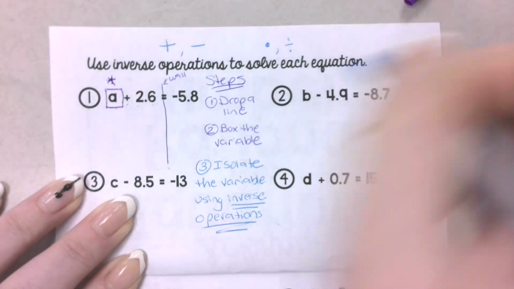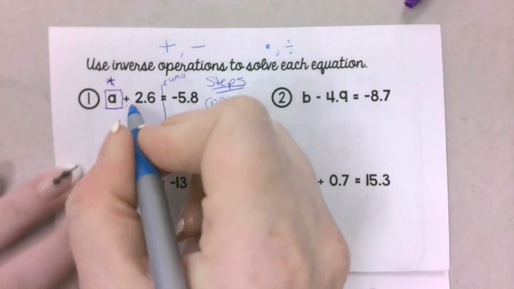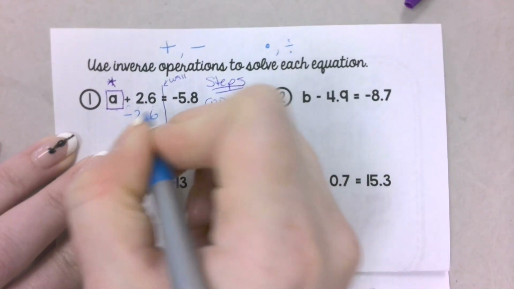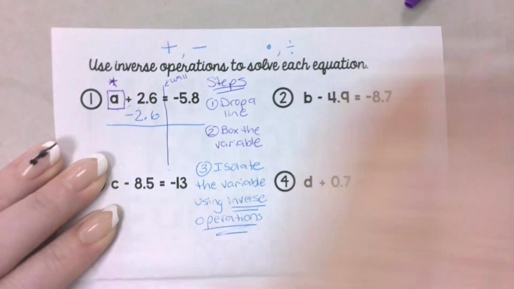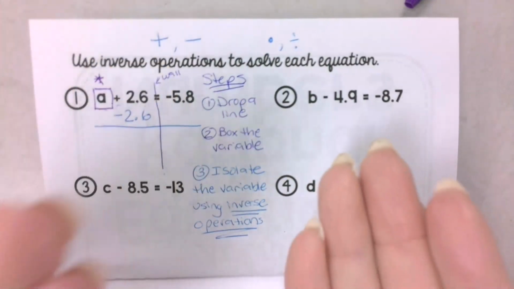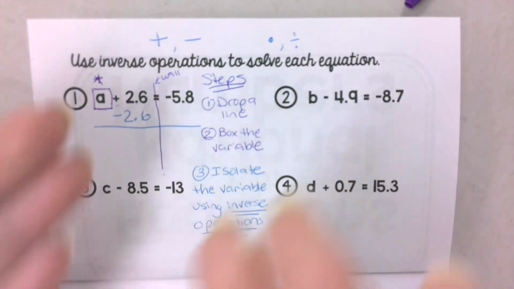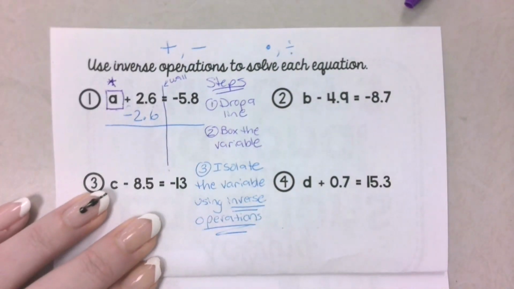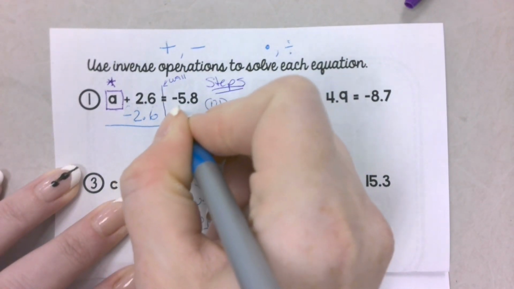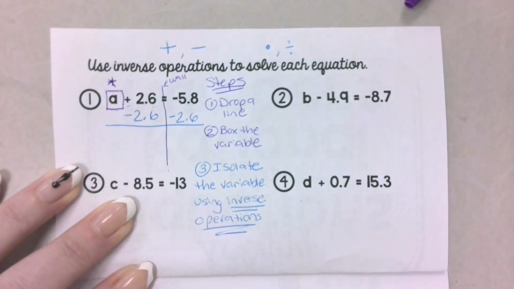Well, divide, but we'll get there later. So if I need to undo a plus 2.6, I need to subtract 2.6. Now, this equation has a left side and a right side, and it needs to stay balanced. Whatever I do to one side, I need to do to the other. So if I minus 2.6 on this side, I need to minus 2.6 on that side.